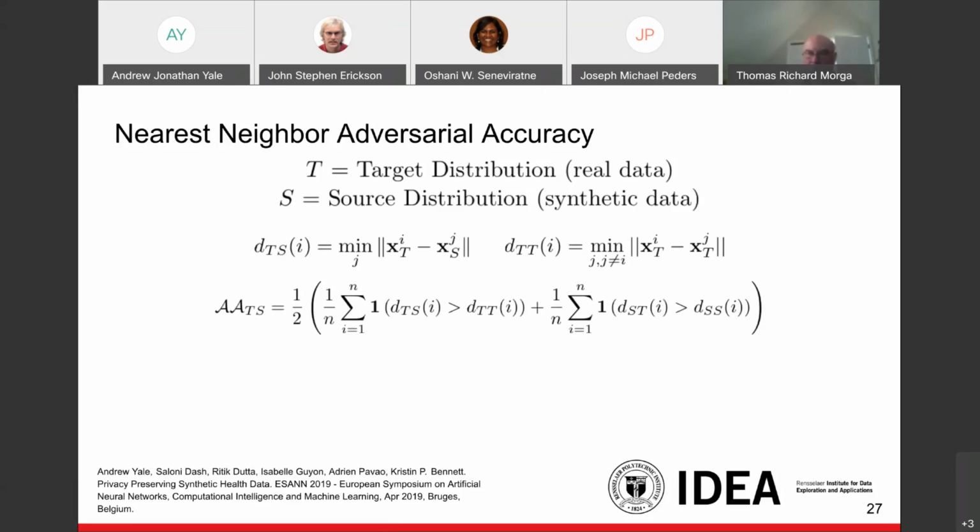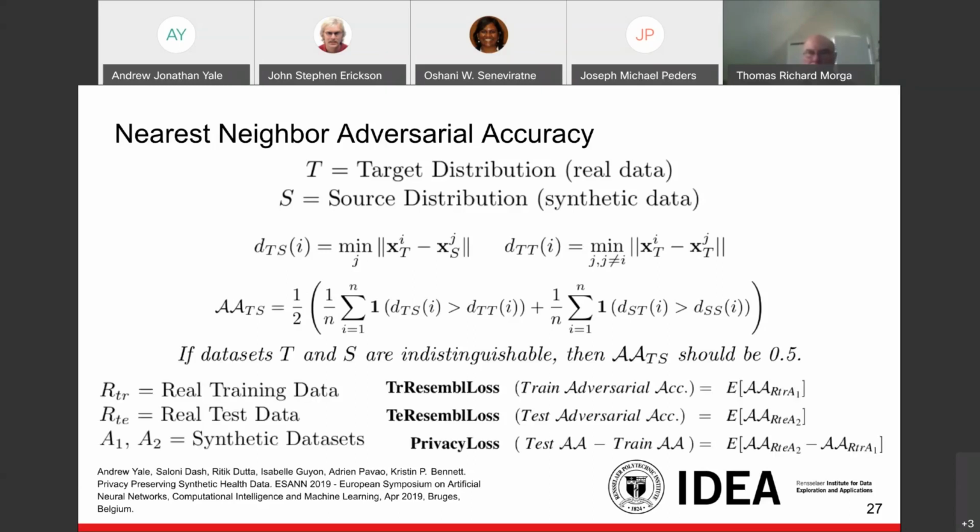If you're achieving a high level of privacy and resemblance, you should be getting around a 0.5 in this balanced accuracy type metric, if they're indistinguishable. And we can measure this with the training data, with the testing data, and across our synthetic data sets.